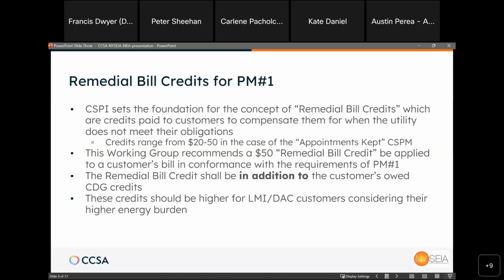Again, this should be something that is additional to the customer's owed CDG credits. And then finally, we would recommend that this credit value should ultimately be higher for LMI or disadvantaged communities customers, considering their higher energy burden. So those multi-month credits are even a worse customer experience for them.